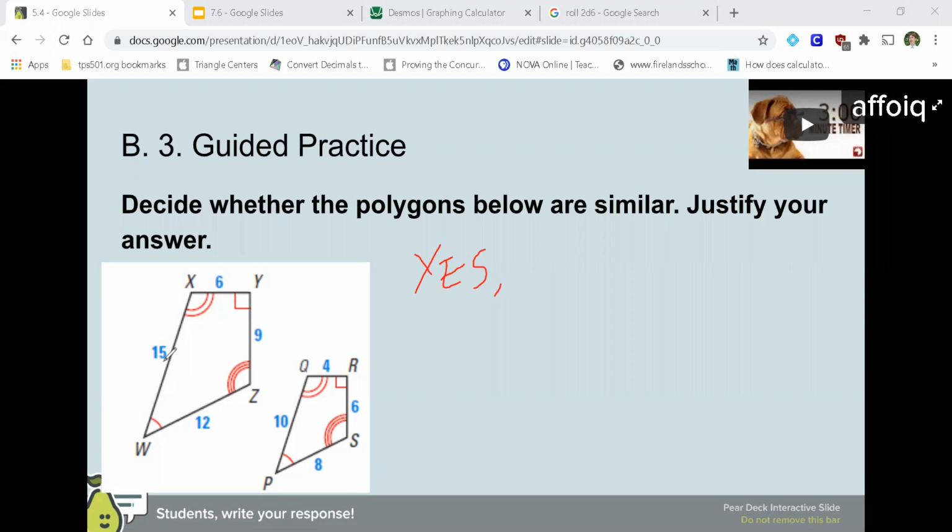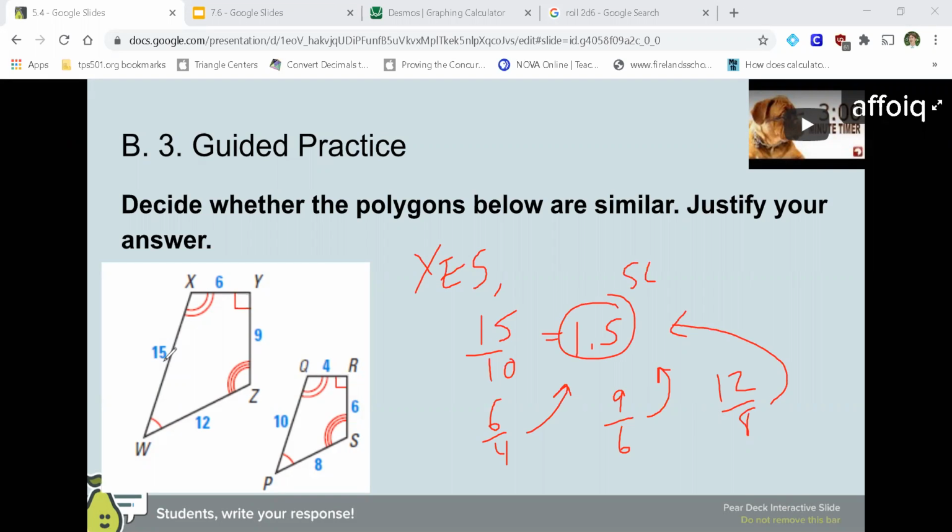If you took 15 divided by 10, that gets you 1.5, which is the same for all the rest of the sides. 6 over 4 is 1.5, 9 over 6 is 1.5, 12 over 8 is 1.5. So 1.5 would be the scale factor if you are going to convert this smaller polygon into the larger one.